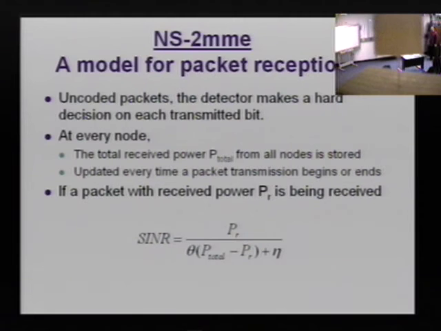This SINR is actually received signal power divided by noise plus interference power. So this is not SINR per bit. To get the SINR per bit, we also divide. For example, this is SINR per bit for 1 megabit per second. This divided by 2 is the SINR for 2 megabit per second. This one divided by 5.5 is the SINR for 5.5 megabit per second.